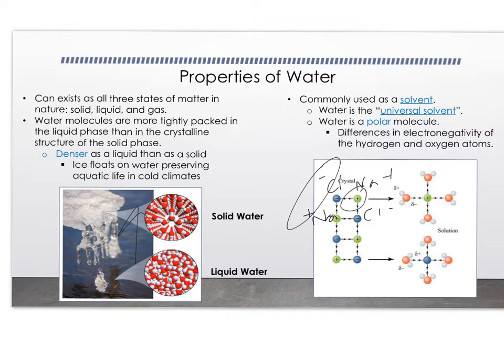But the positive sodium is going to be surrounded by the partial negative charge of your oxygen, hence you're going to have that interaction, as well as the partial positives of the hydrogens are going to surround the negative charge of your chlorine. So it's extremely important that there are these partial positives and negatives because that allows the pulling apart of a polar or charged molecule because they have similarities within their structure.